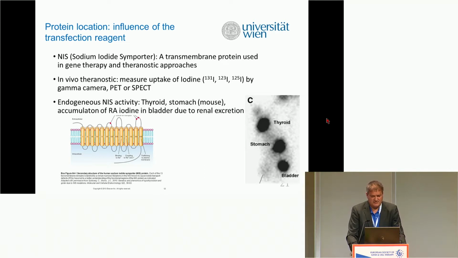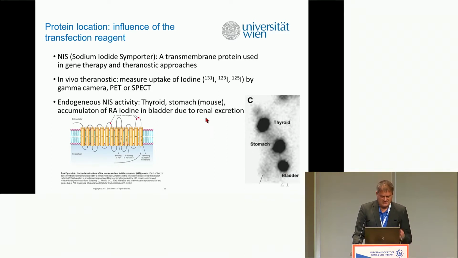So if you look for iodine transport in a mouse, if you inject radioactive iodine and do gamma camera imaging, you see here, so this is the nose of the mouse, this is the tail. You see a lot in the thyroid, you see something in the stomach and also in the bladder due to renal excretion.